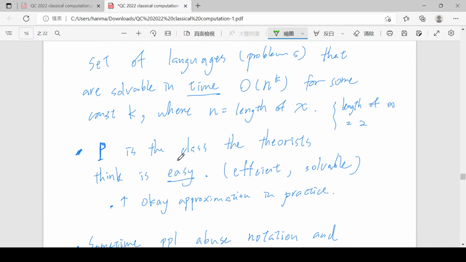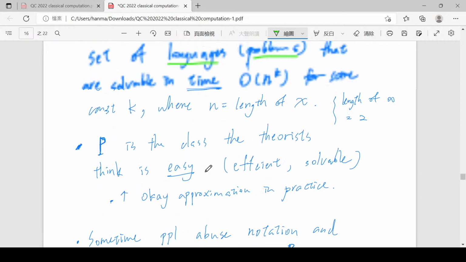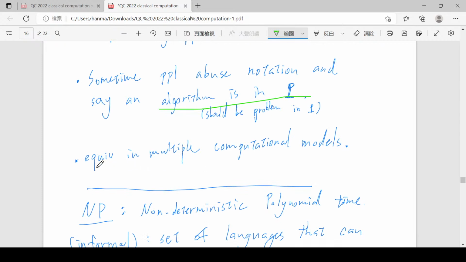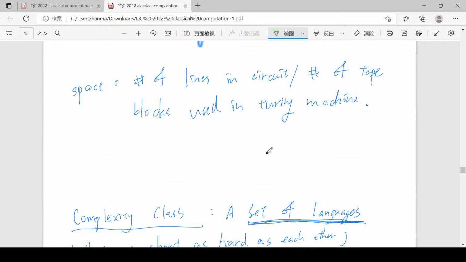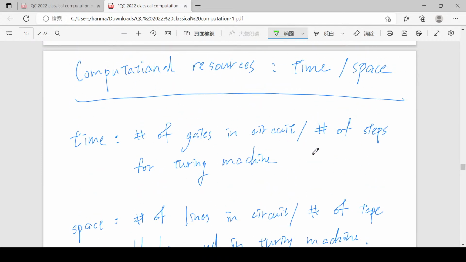Finally, P is really nice, and another nice thing about it is that P is equivalent in multiple computational models. For example, this will justify our slash line here. If you have used a polynomial number of gates in your circuit model, then you will also use a polynomial number of steps in your Turing machine.